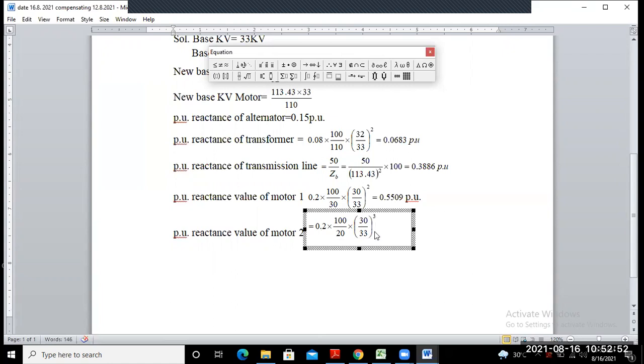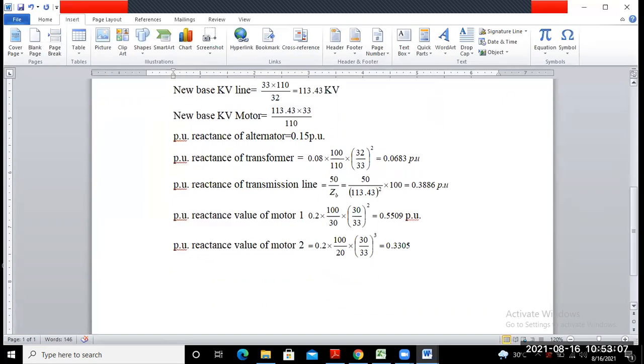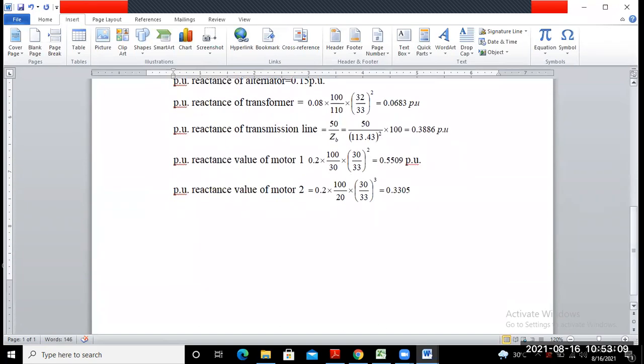If you solve this equation, you will get almost equal to 0.3305 per unit.